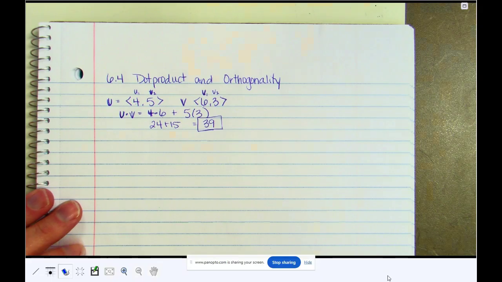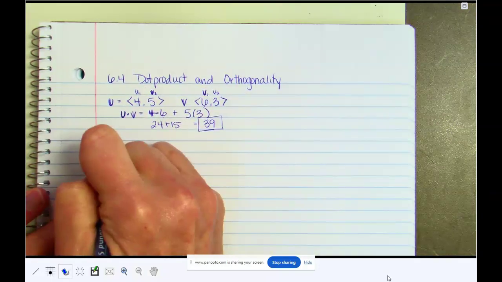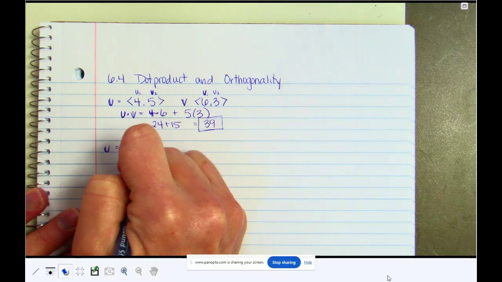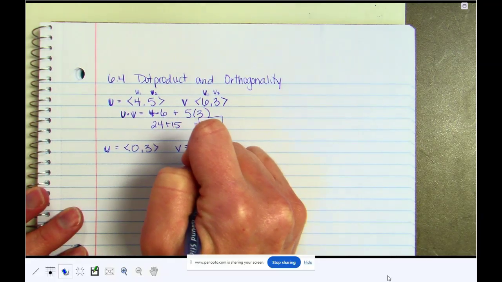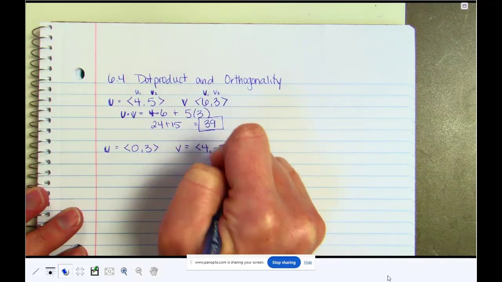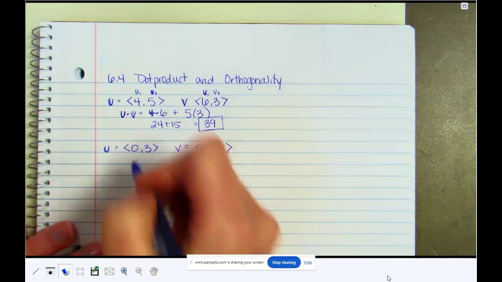So I know that. So let's try. I want you to find the dot product if u is 0, 3, and v is 4, negative 2. Okay, please find u dot v.